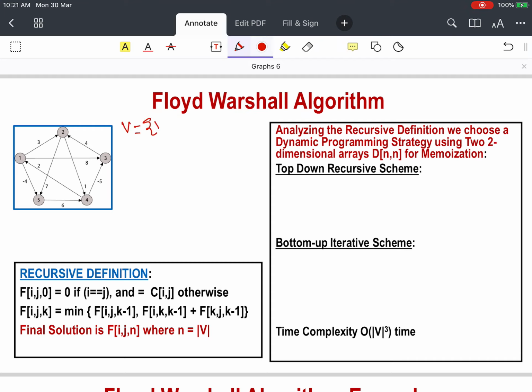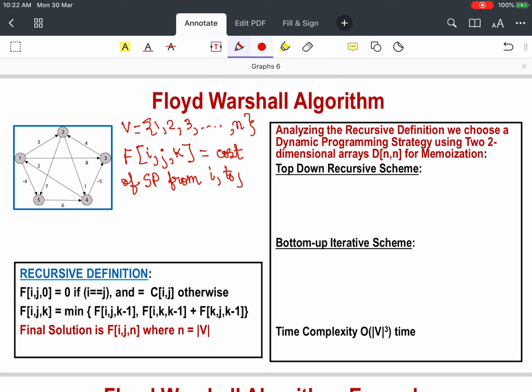It orders the vertices v from 1, 2, 3 up to n, and then it defines f i j k as the cost of the shortest cost path from i to j through nodes 1 to k.